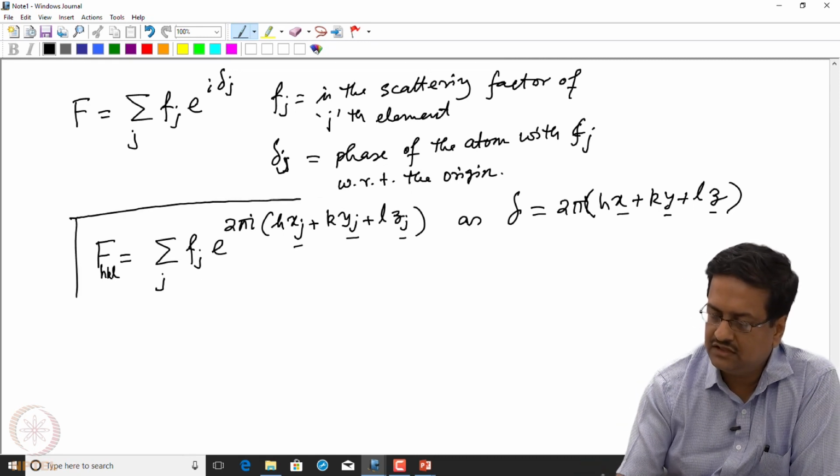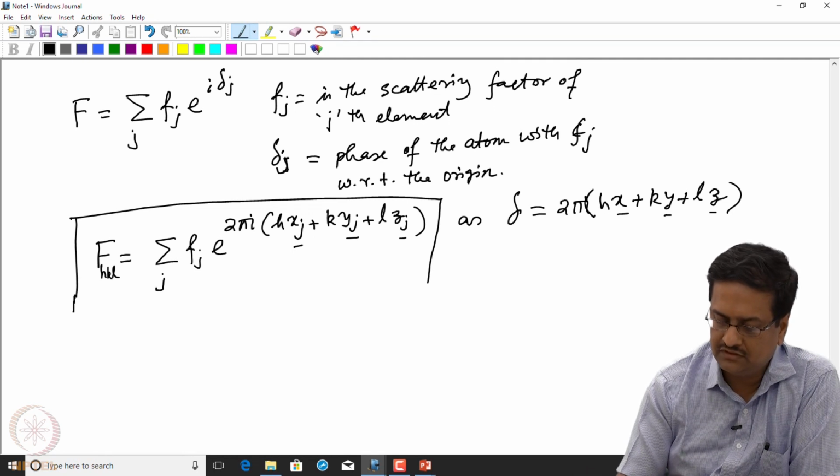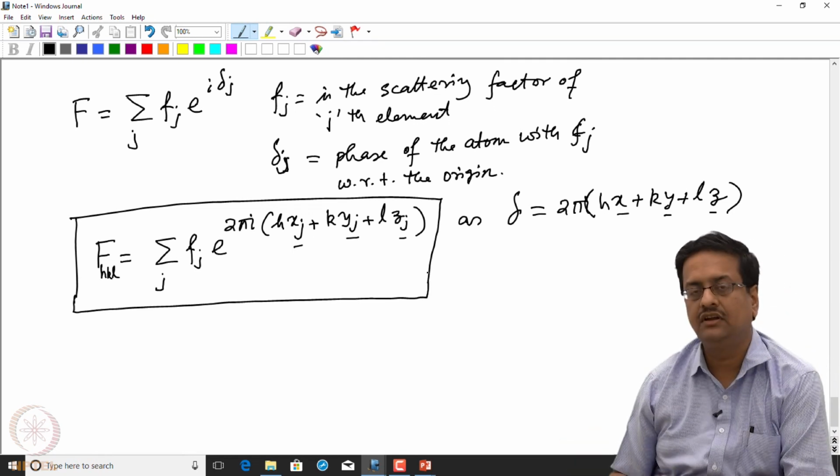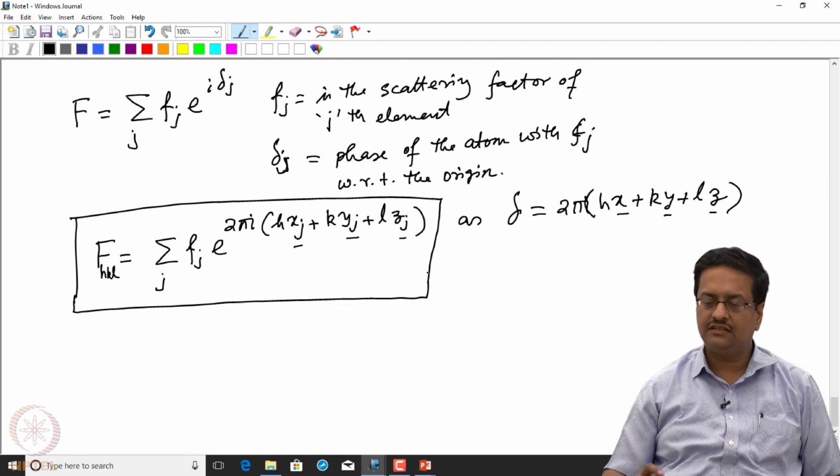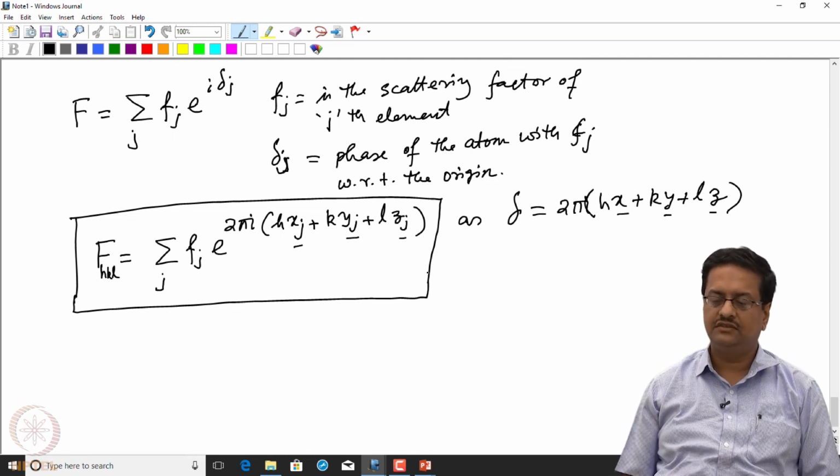So this is the expression for structure factor which we have already seen in our previous lectures, and how this is represented in terms of the exponential form.